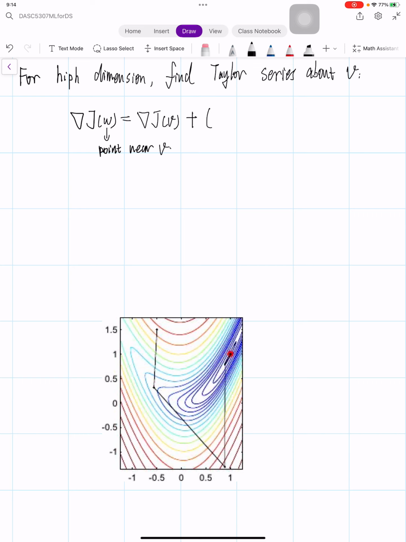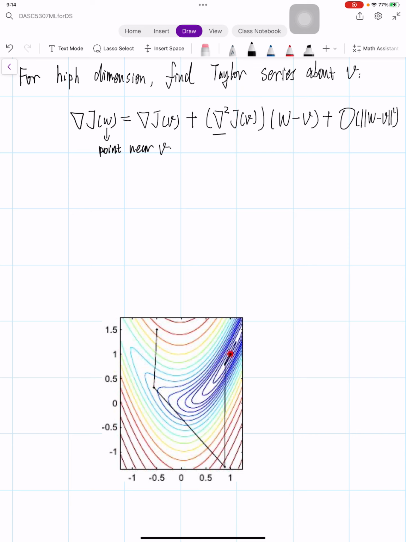Here we need the second derivative because we need the second term of the polynomial approximation.